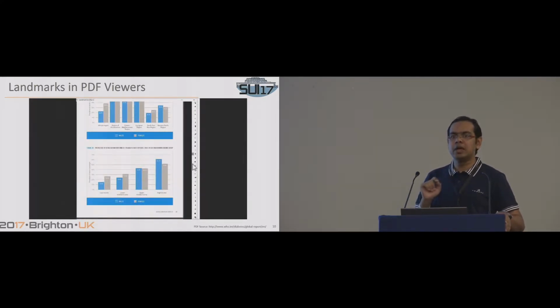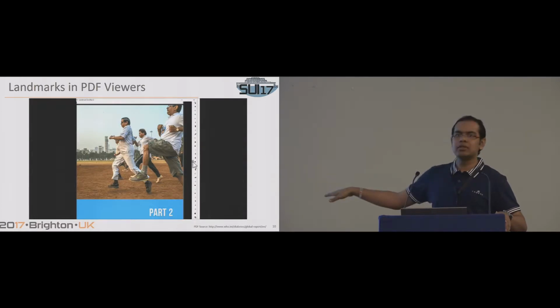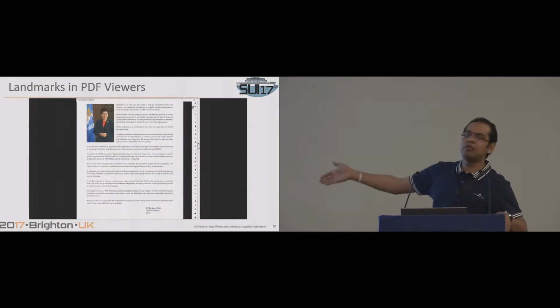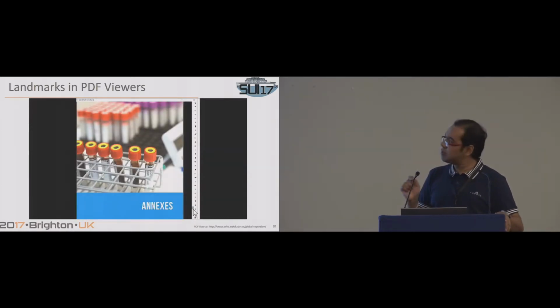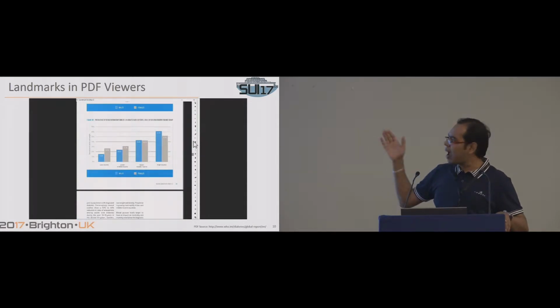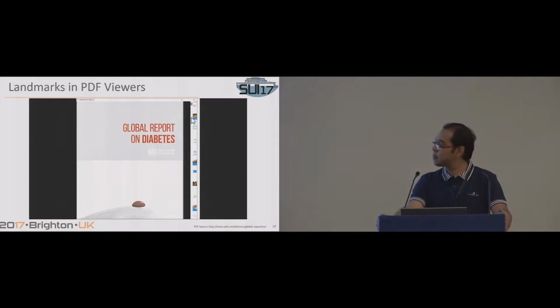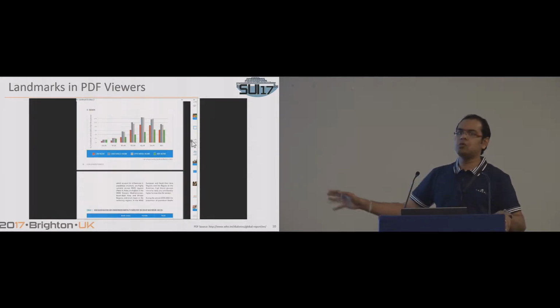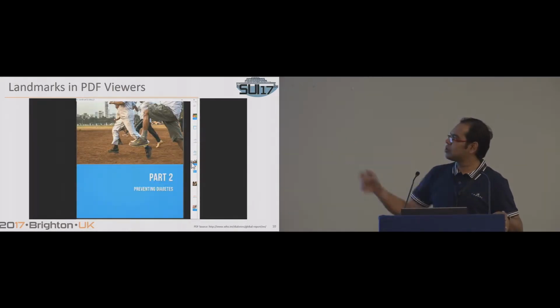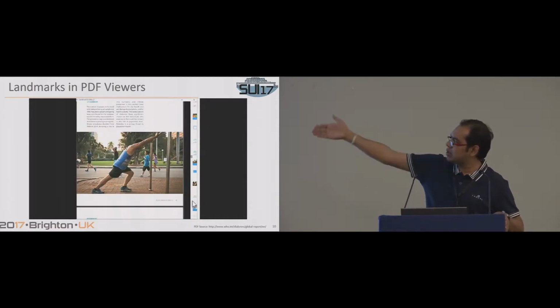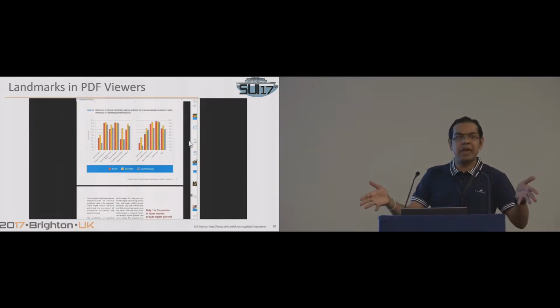The only difference is that previously it was horizontal, and now it's vertical. We used similar abstract icons and thumbnails as landmarks, and the interaction was similar. By clicking on those locations, users can go directly to the pages.